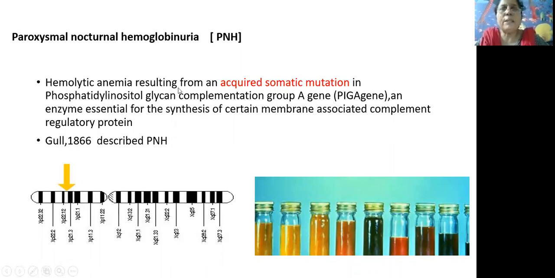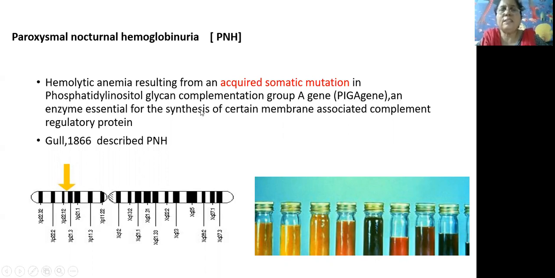This is a similar membrane disorder, but here I have put up the definition as acquired, so this is not hereditary. It is again a membrane disorder, but it is an acquired somatic mutation of the phosphatidylinositol glycan complementation group A gene, that is the PIGA gene.